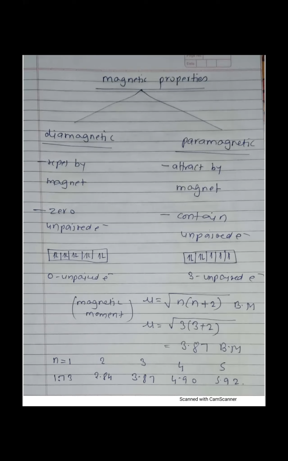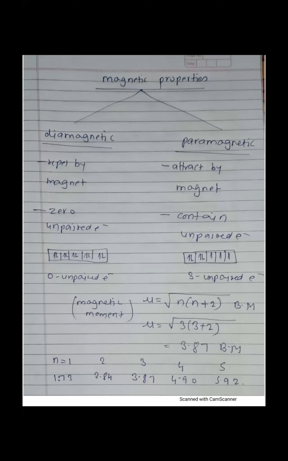Sorry, cobalt. Cobalt is 3d7. So you can see I have filled 7 electrons in the d orbital, then I am having 3 unpaired electrons.